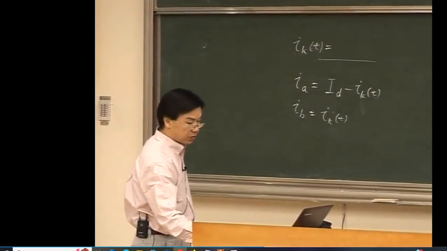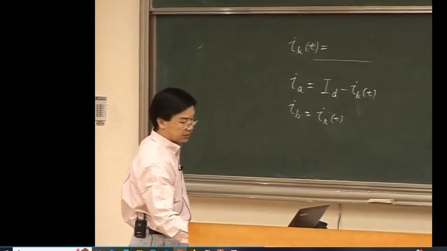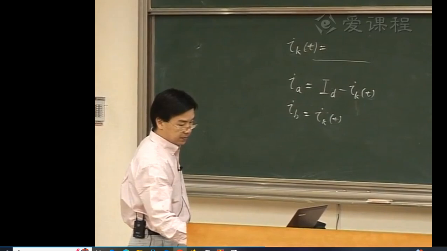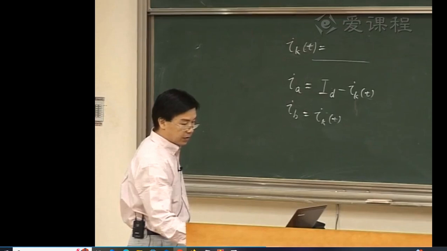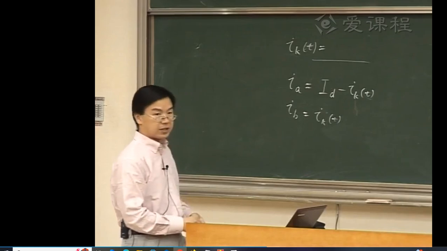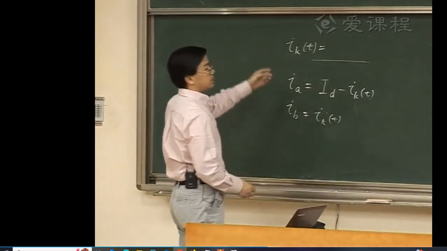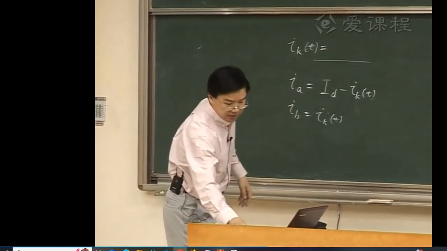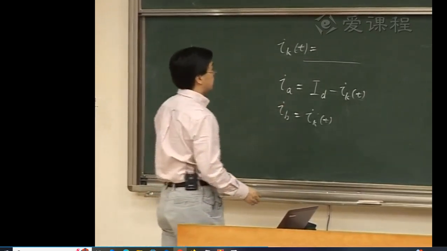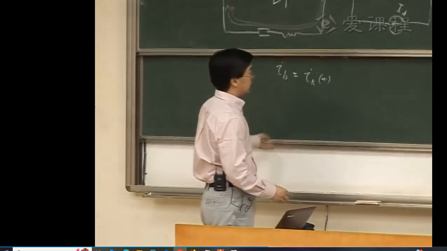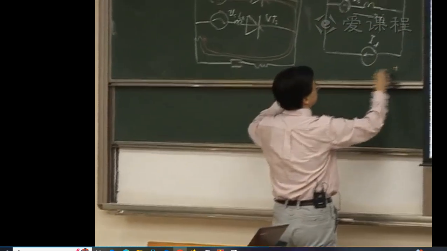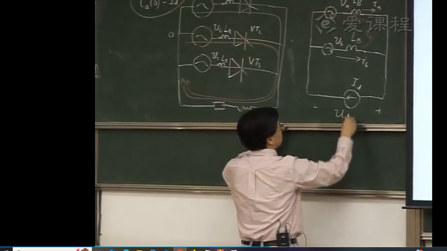We want to know when this commutation happens, the actual load voltage between this point and this point. How much is that? That is actually very simple. You always have this voltage UD here.